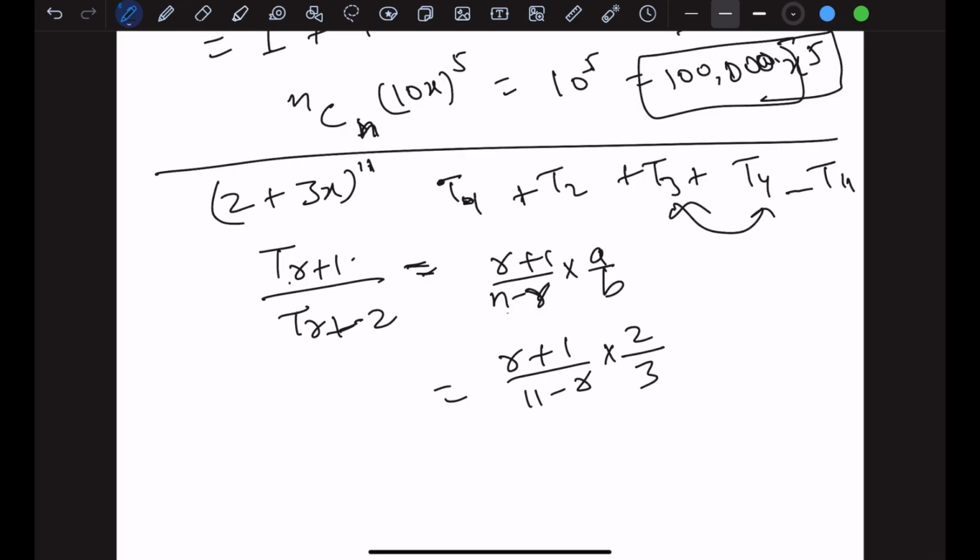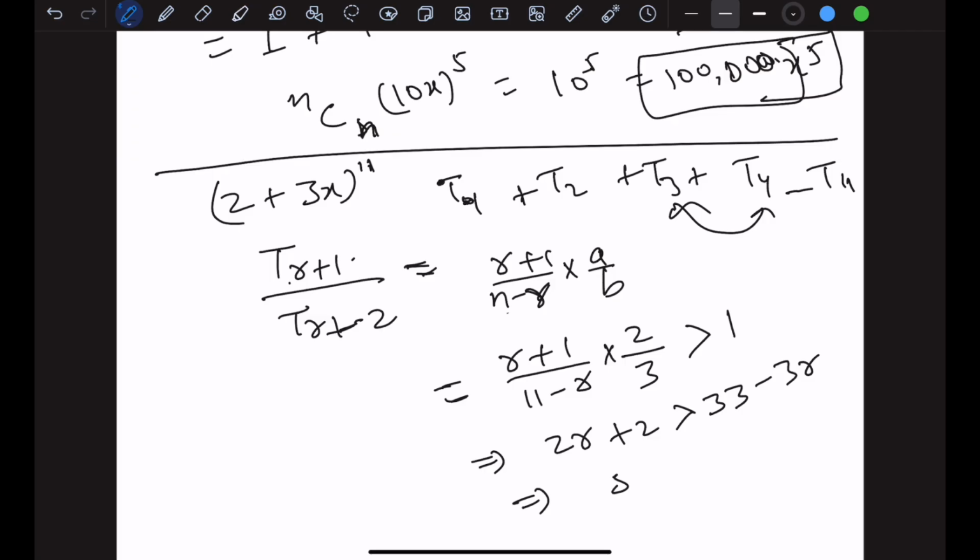Because I'm interested in the coefficient, I can ignore x. And this, if I put greater than 1, it is 2R plus 2 is greater than 33 minus 3R.